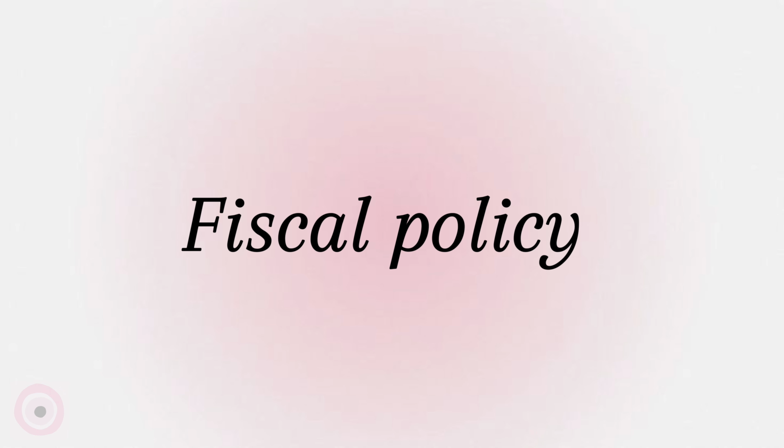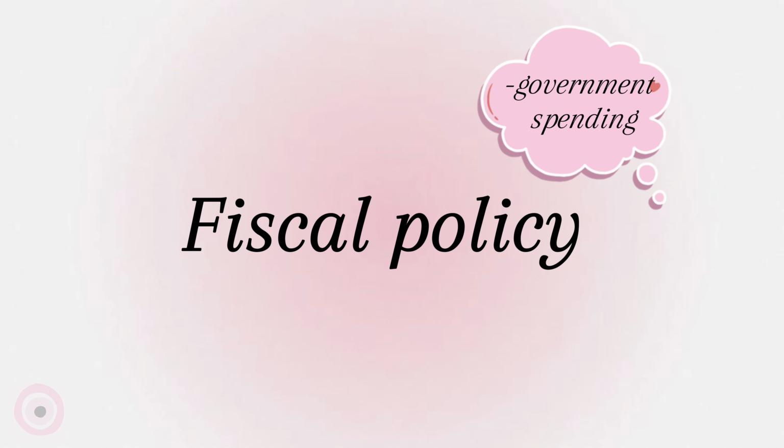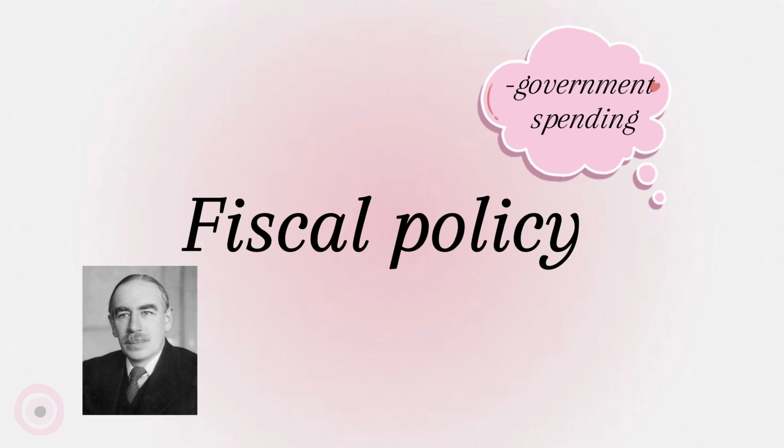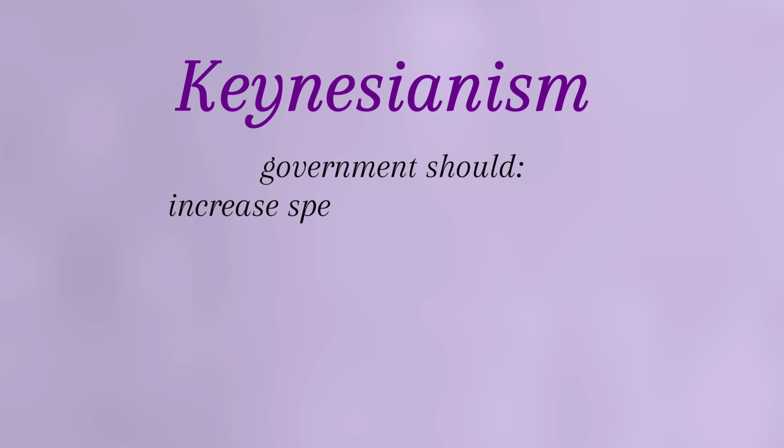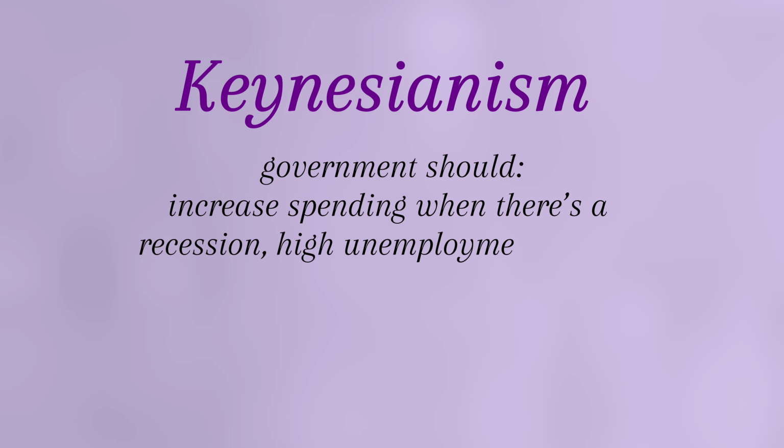Firstly, fiscal policy, which is government spending. We usually associate government spending with the economist John Maynard Keynes. According to him, the government should increase their spending when there's a recession, high unemployment, or bad economic period.